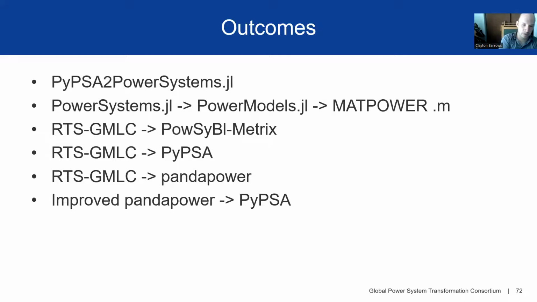Everyone on this panel has extended some capabilities to parse, read, and represent the RTS GMLC formats and network. I think in most cases that's a data set generalized beyond just the RTS GMLC network.